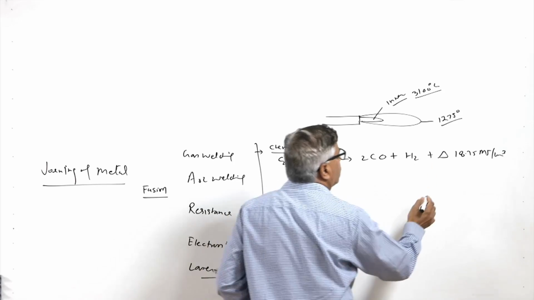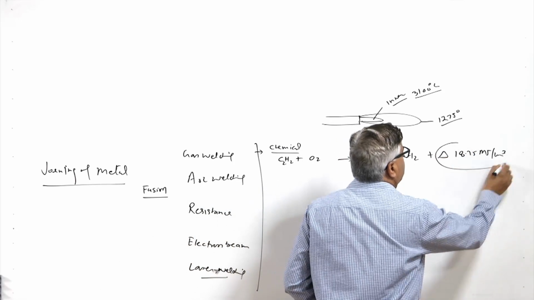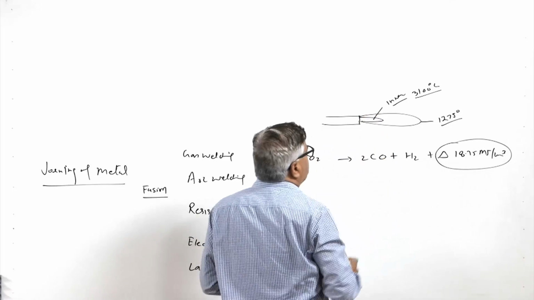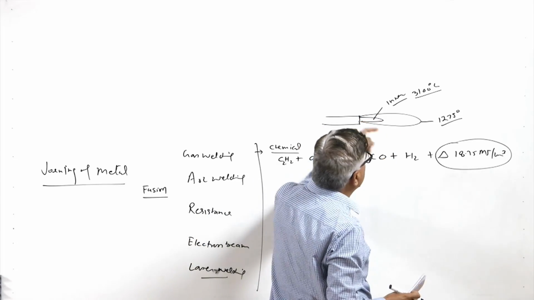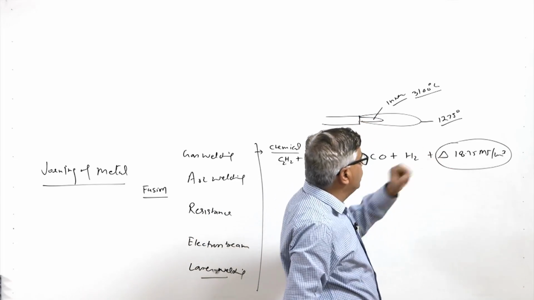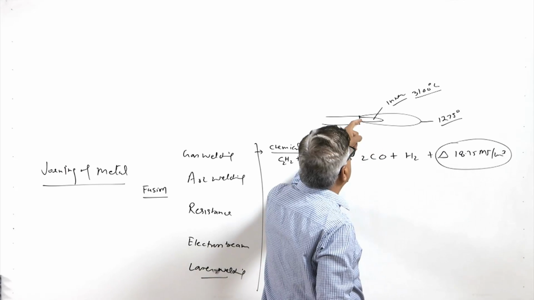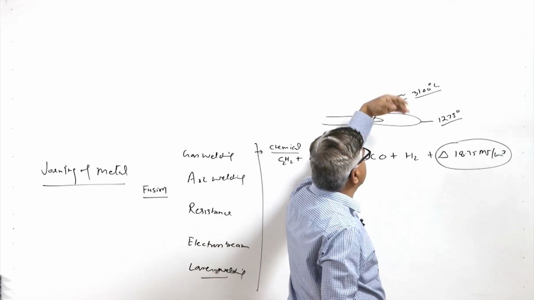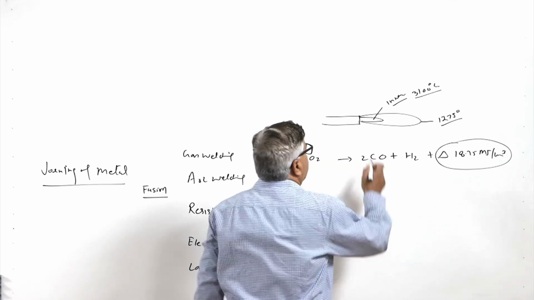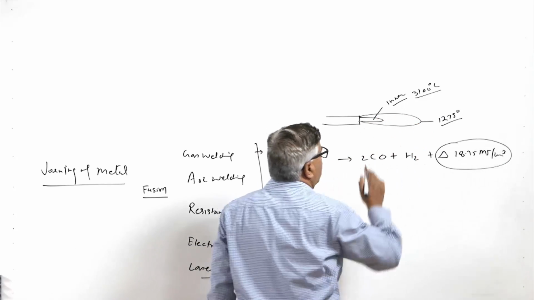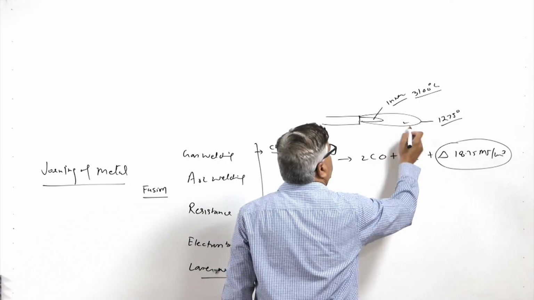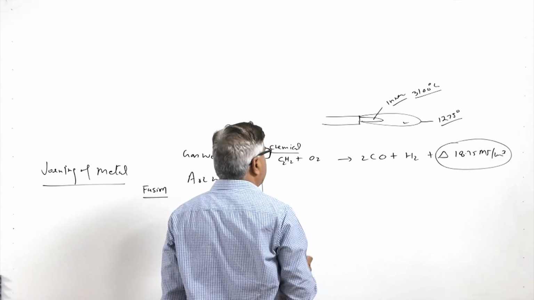In the inner cone somewhat lesser heat is generated, but its surface area is less, so it results in a much higher temperature, and further it is enclosed by the outer hotter envelope at 1275 degrees centigrade.